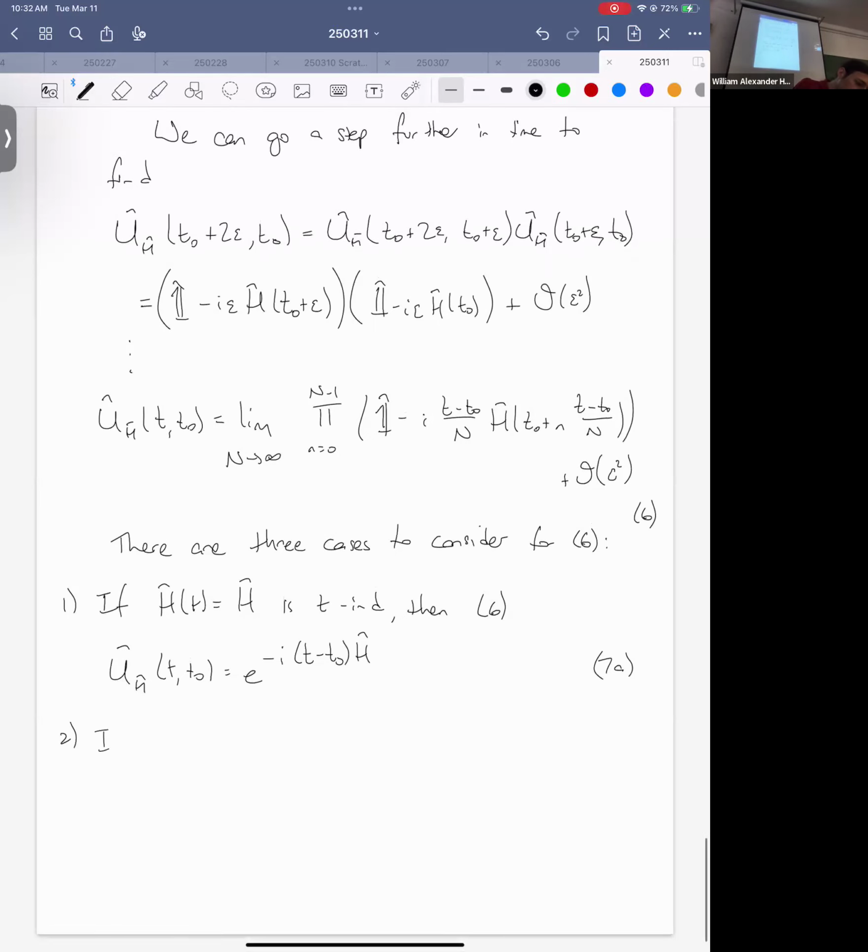Second possibility, if the Hamiltonian depends on time, but the Hamiltonian at different times commutes with itself.